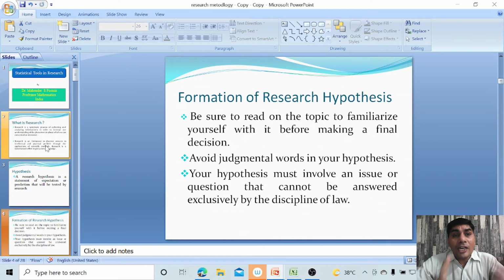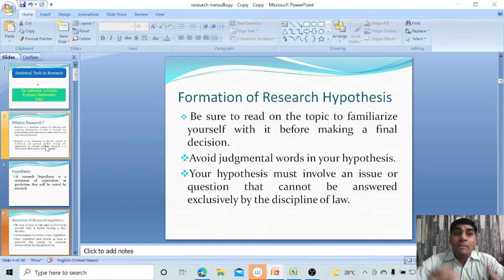Now, how can we formulate a research hypothesis? That means how can we design the hypothesis. The first point: be sure to read on the topic to familiarize yourself with it before making a final decision.